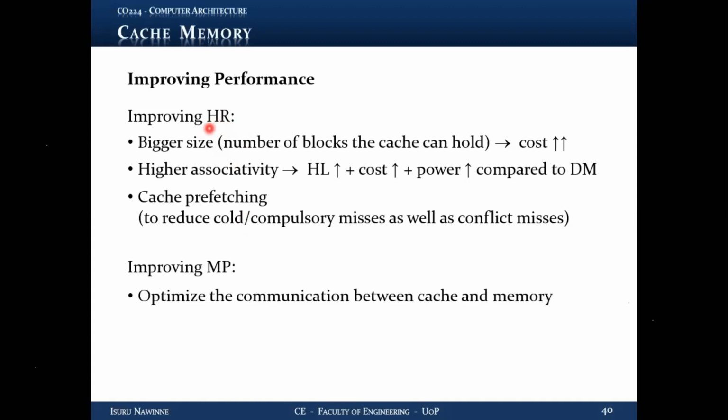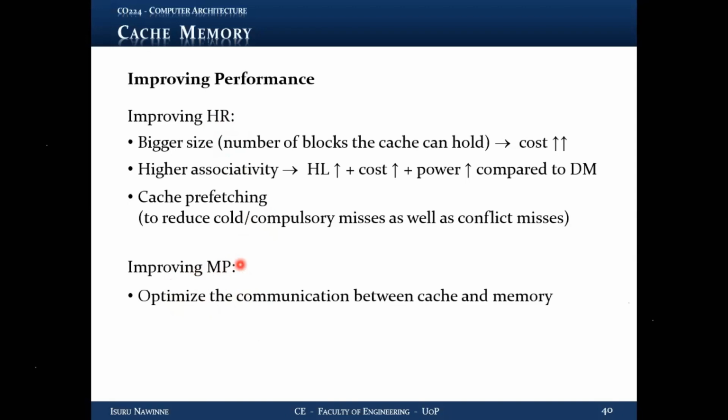But if you happen to have a miss, if you can't avoid a certain miss, in the event of a miss, how do we minimize the time we spend to service that miss?